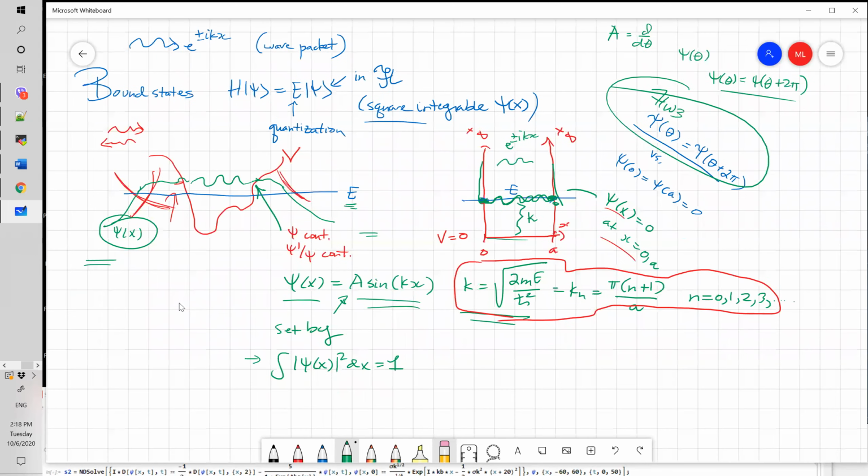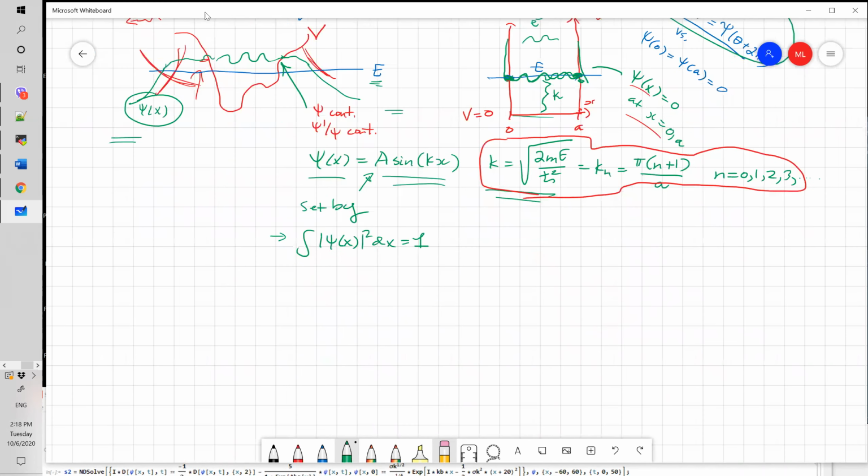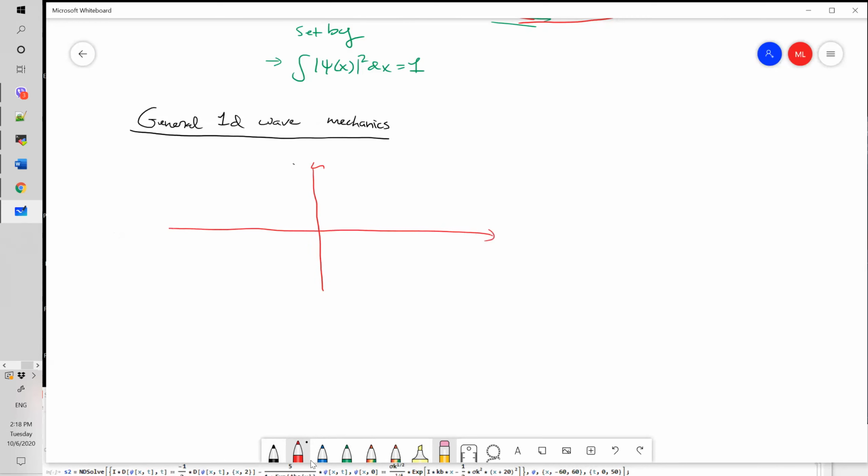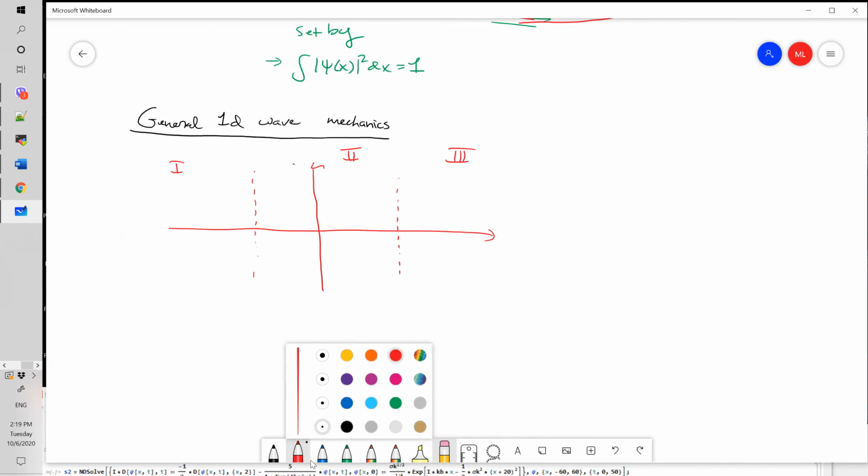All right, so let's talk about this generally. This is general 1D wave mechanics. You can generally set up three regions, which I call 1, 2, and 3, and you have some potential shape.